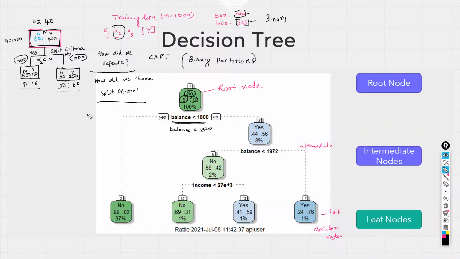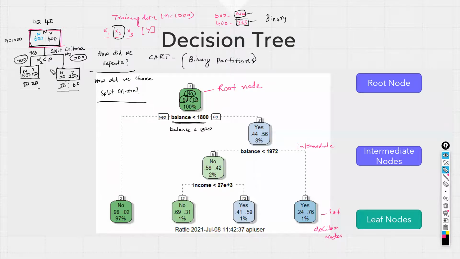It has improved in the sense one class became more and the other class became less. Here, the 550 observations, this is not 82, it could be less than that, right? So let's say it is 80-20 again. So here we have more observations that belong to no class, and here we have more observations that belong to yes class, right? So if we can do that separation, then it is good.